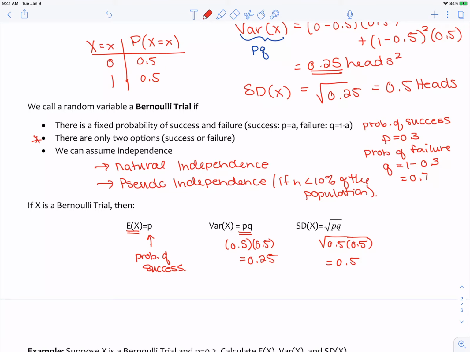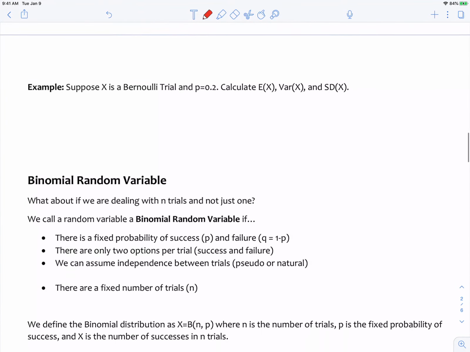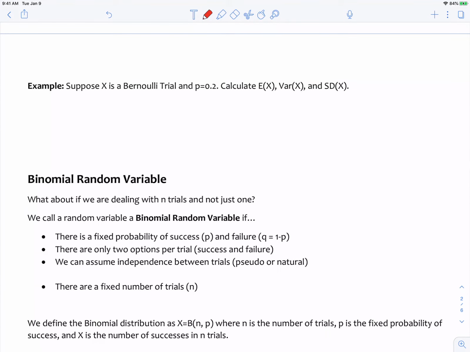We don't have to go through big calculations, or at least in this one step, and hopefully with more steps. Okay. So let's suppose X is a Bernoulli trial and P equals 0.2. Remembering P, this is the probability of success. And we want to calculate the expected value of X, the variance of X, and the standard deviation of X.